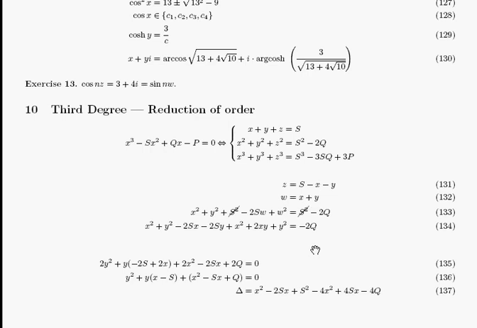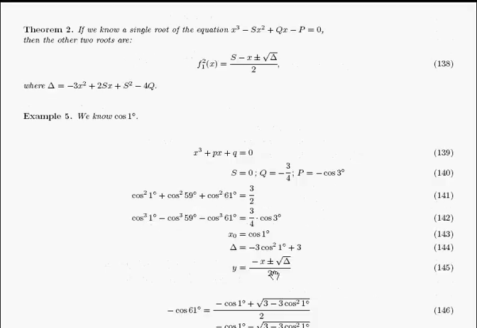So we substitute in here. We will have a delta, and we have this theorem. If we know a single root of the cubic equation, the other two roots are s minus x plus or minus square root of delta over 2, where delta is this thing.